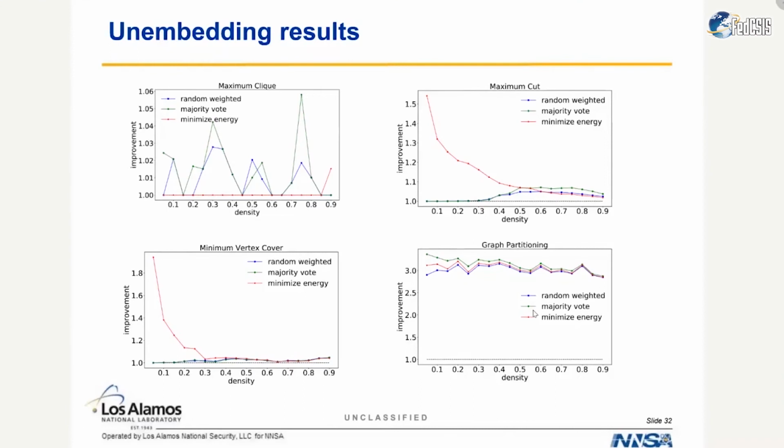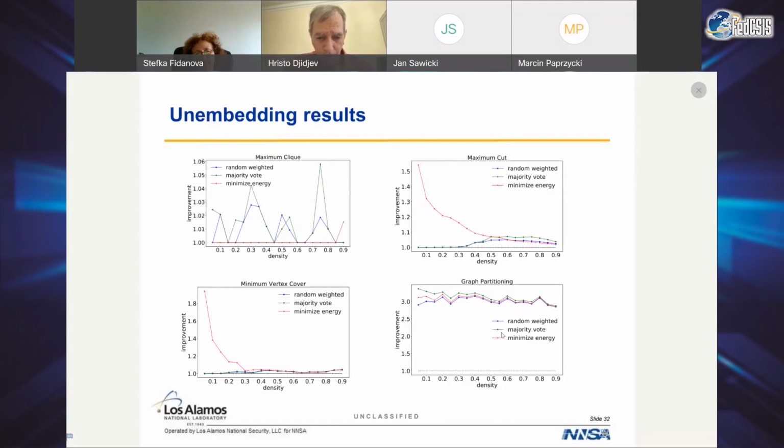But in the other 3 cases, that same minimize-energy algorithm works worse. That's the algorithm with the red line, I think. And the largest difference is in the bottom right corner, the graph partitioning, where our algorithm improved on the performance of all 3 D-Wave algorithms, almost 3 times improvement in the value of the objective function. Okay, next slide, please.